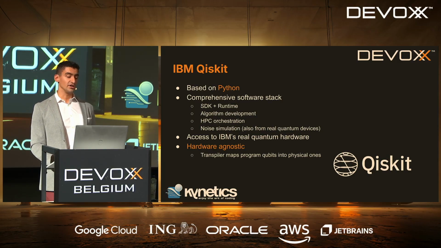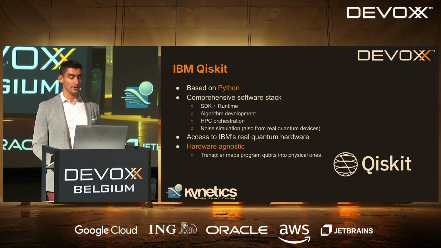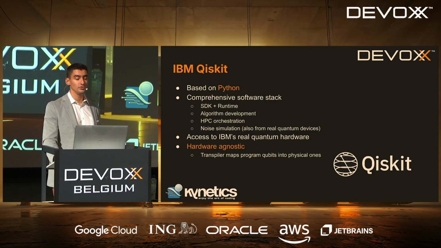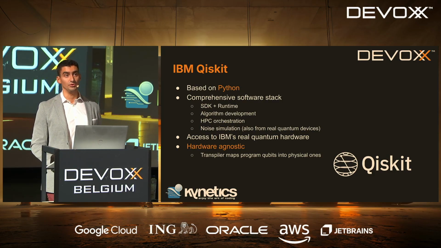So this actually makes us simulate our algorithms using real-world conditions that we then have when we run on real-world hardware, which IBM lets us do. It provides some quantum computers that we can use to run our code. Still, Qiskit is very difficult to pick up.